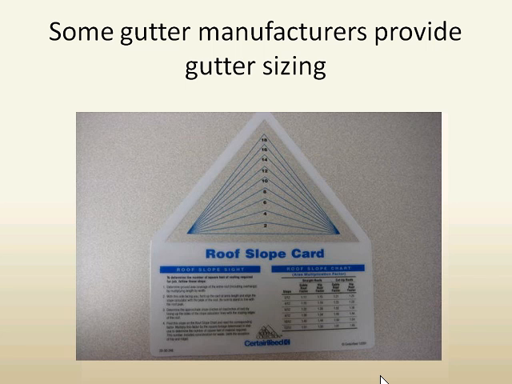The only thing that I'll caution you about with the manufacturers' websites and their gutter sizing is that several of those that I looked at didn't use the 25-year, 5-minute design storm like what we would want to use for ag waste. So if you're using one of those, just be aware of what you're designing for.